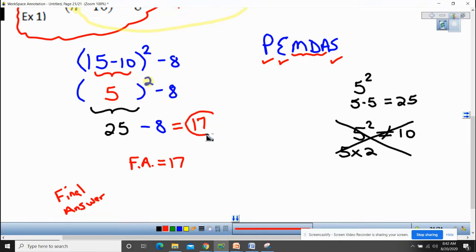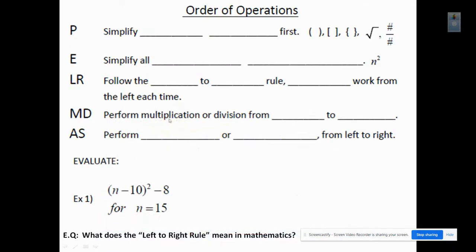So there's your answer, 17. Sometimes we're going to get into complicated problems, and sometimes students don't know where is the final answer. So when I'm doing that in a lecture and I write FA, then what you would write on the answer for a quiz or a test, you would just write 17, okay? Moving on to the next problem.